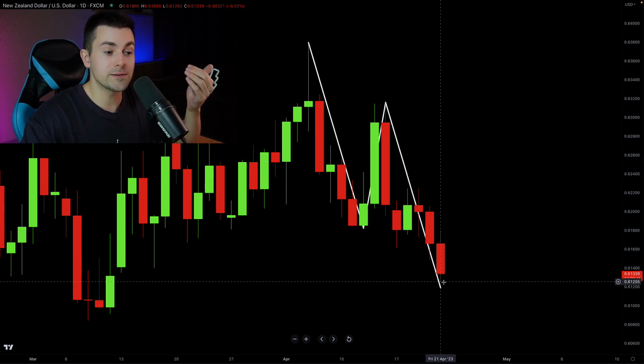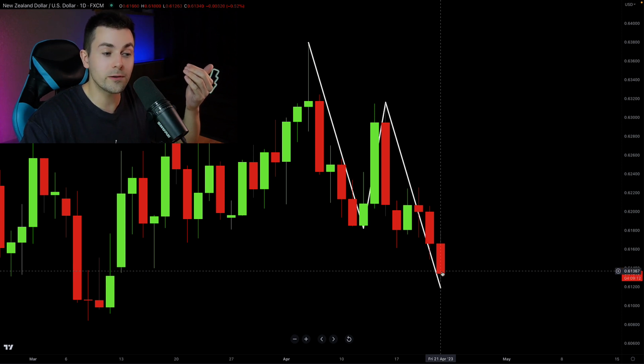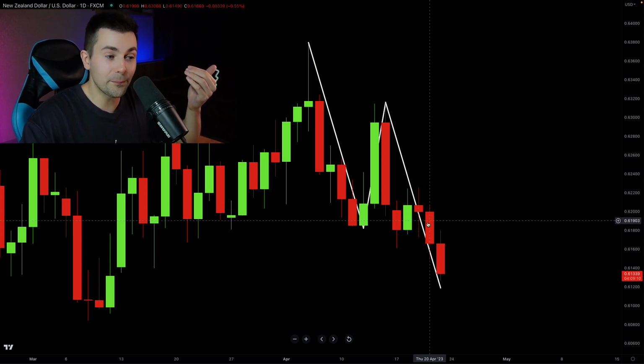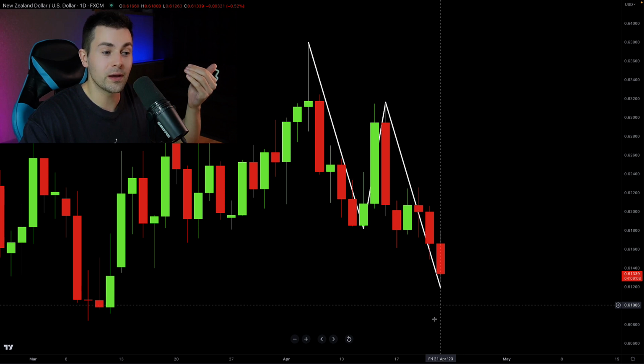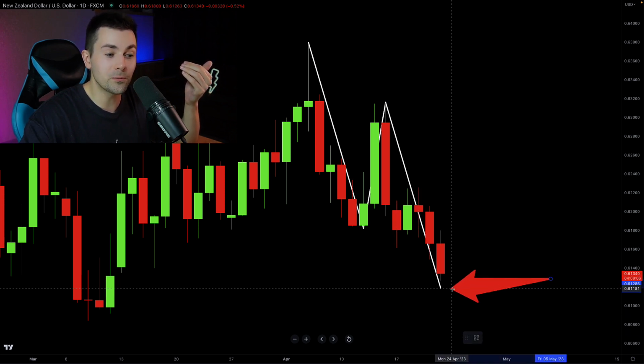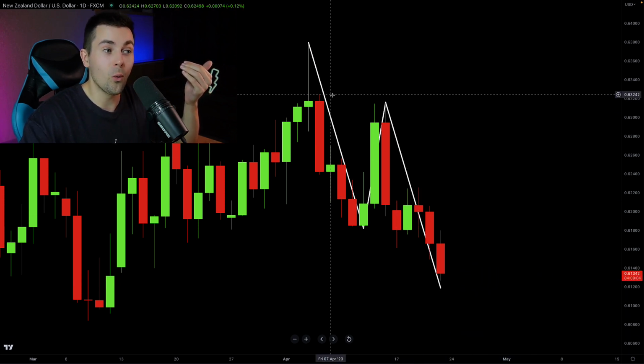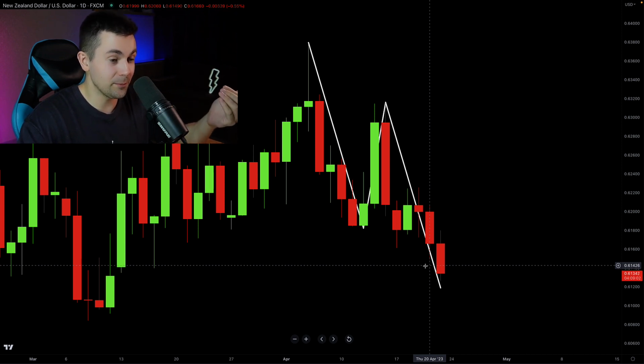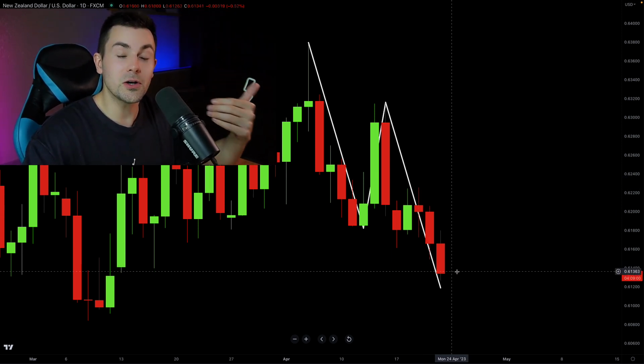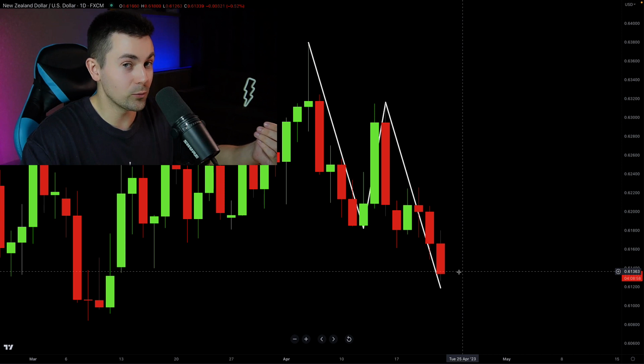And we simply check whether the market completes the movement around the completion point of the projection of the initial impulse. And you can see that here we have almost perfect harmonic movement.